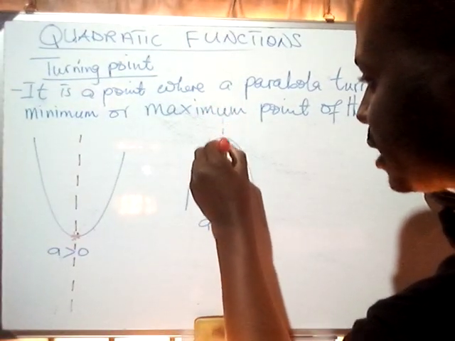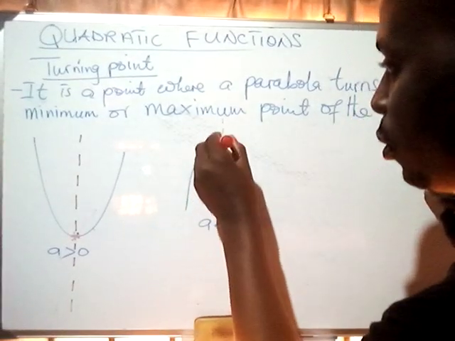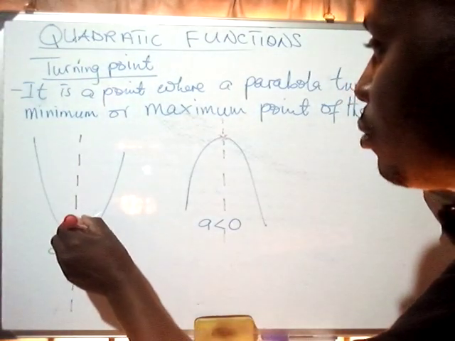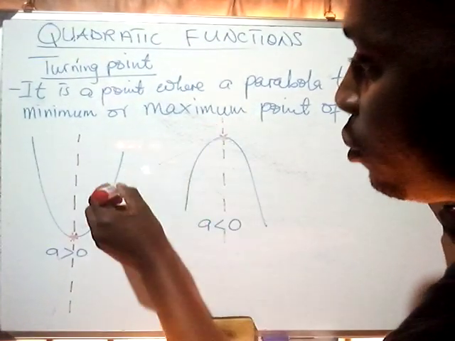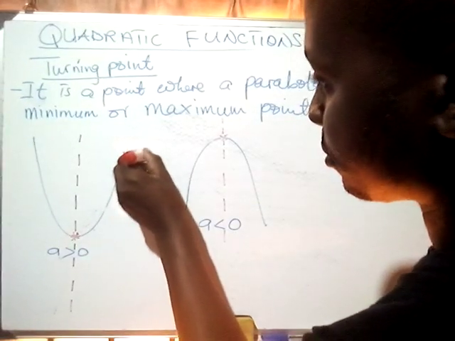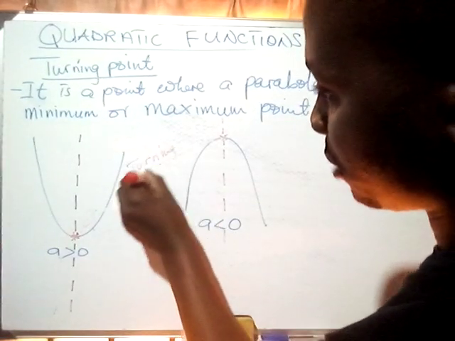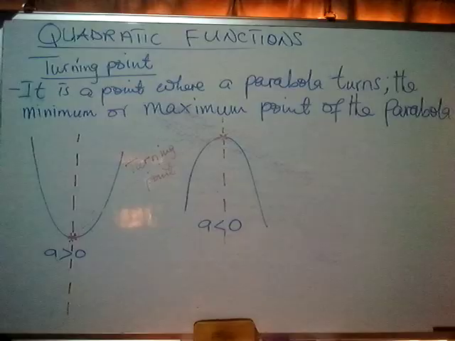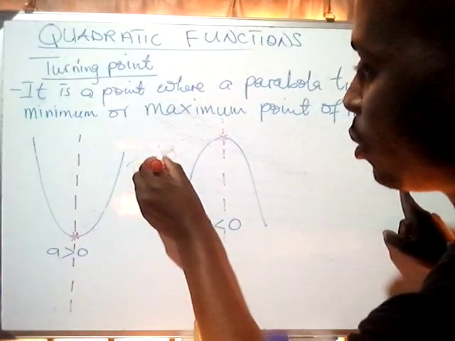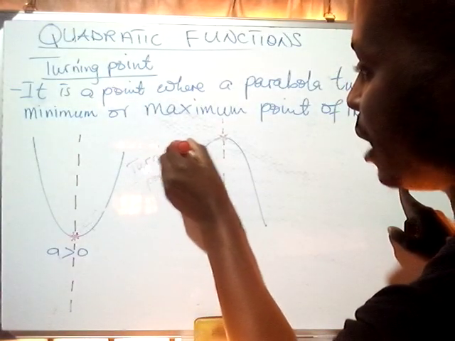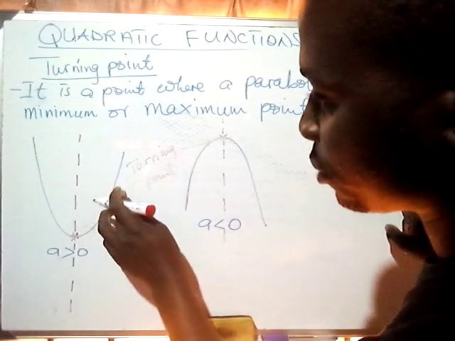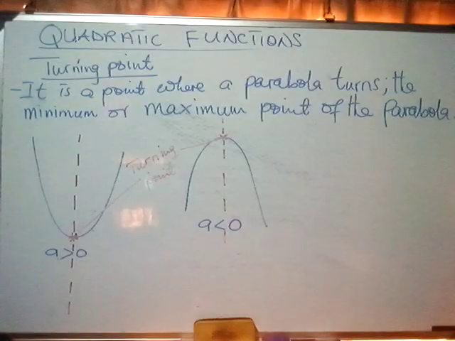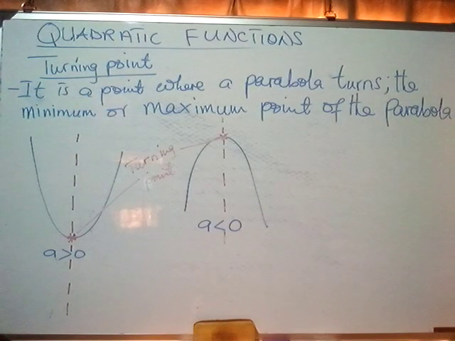It is also turning somewhere there, so this point here is also the turning point. Is it visible? I want to believe so. Yes, it is visible. So these two points are known as the turning points: this is the turning point for this one, and this point here is the turning point of this other parabola.